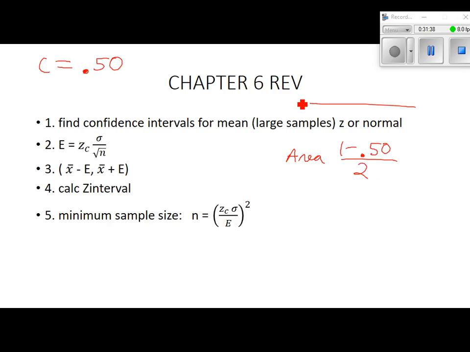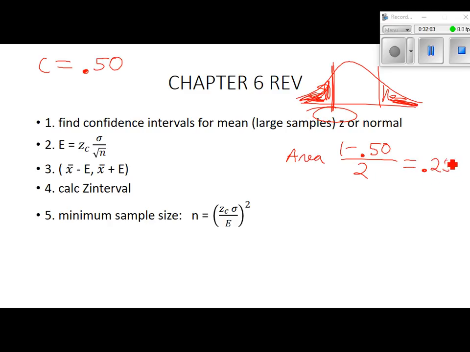And what we're looking at, again, we're on this normal curve. We're looking at this area. We're actually dividing it by 2 because there's 2 areas here. One on that side, one on this side. And we're looking for that z-score right there that cuts that much off. What's this give you? 0.25.